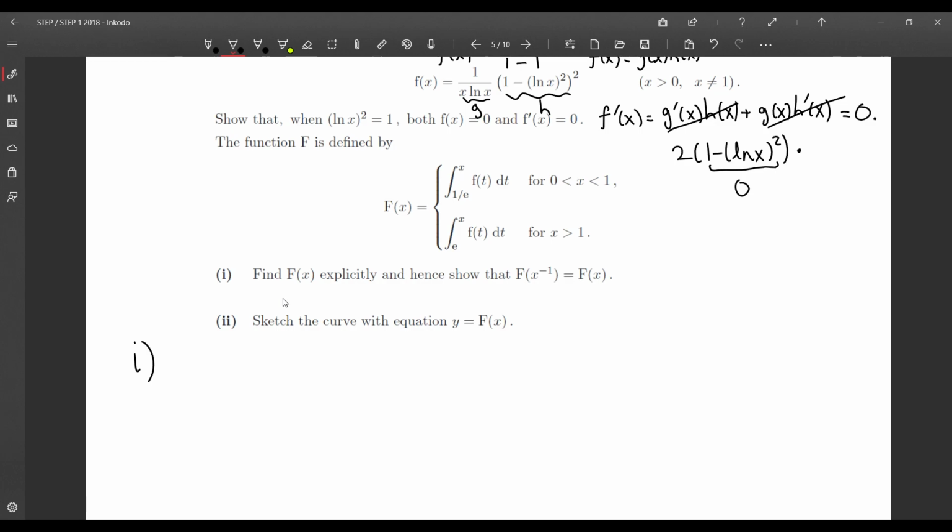Well, okay. So essentially we have to explicitly integrate this.